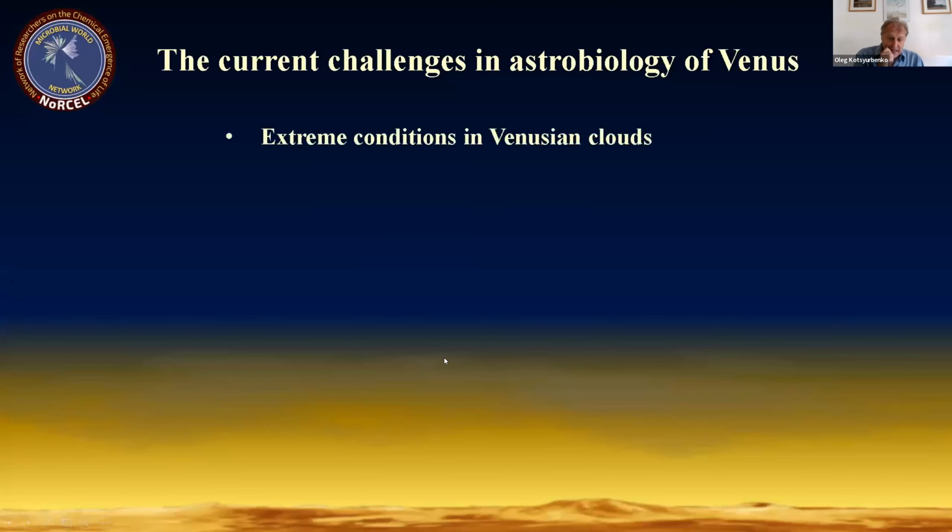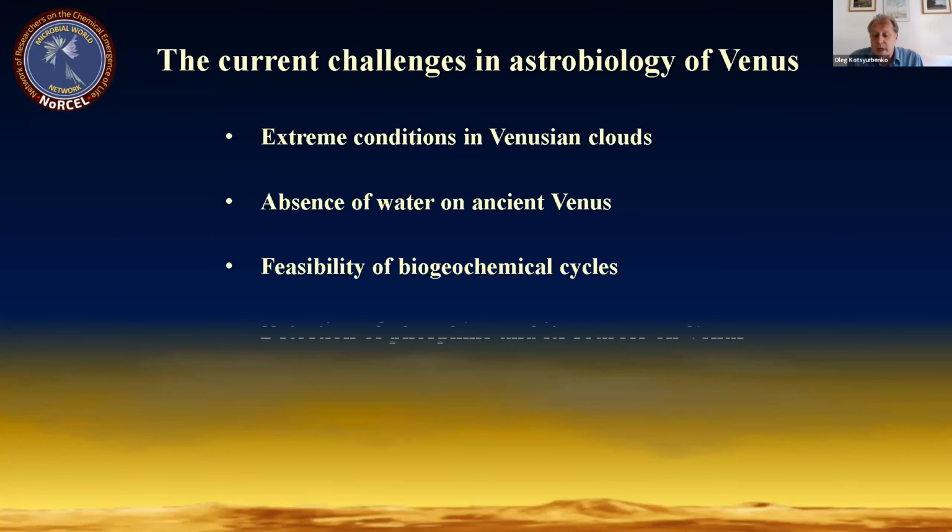So the main current challenges in the astrobiology of Venus, which we will discuss further, are the following: extreme conditions in Venusian clouds, absence of water on ancient Venus, feasibility of biogeochemical cycles, and detection of phosphine and its sources on Venus.